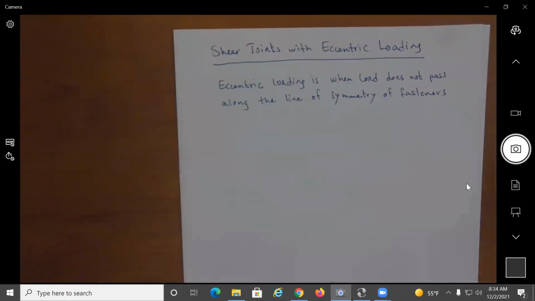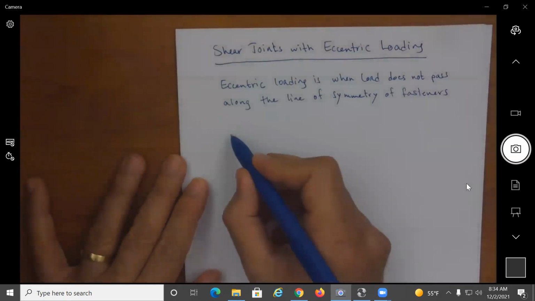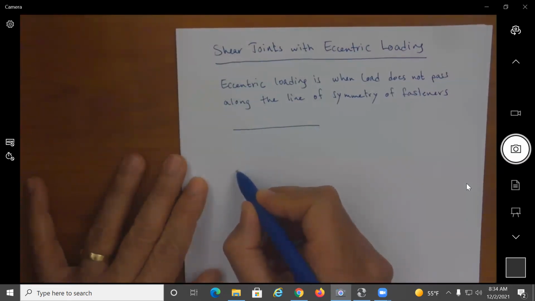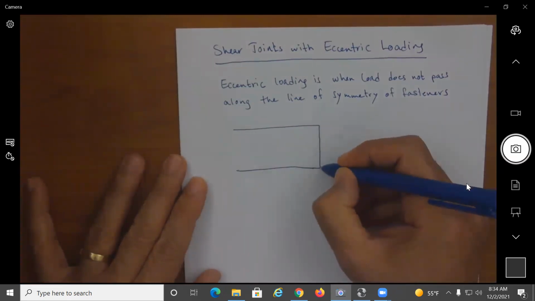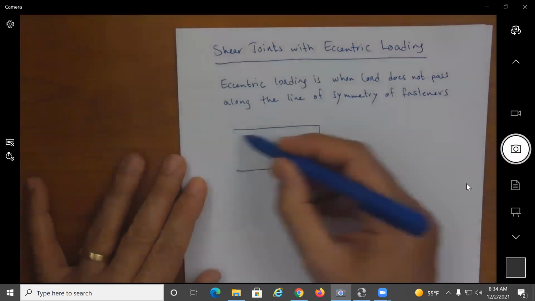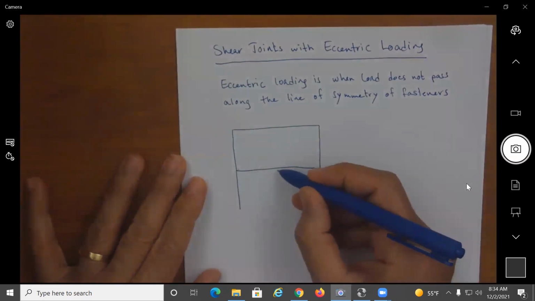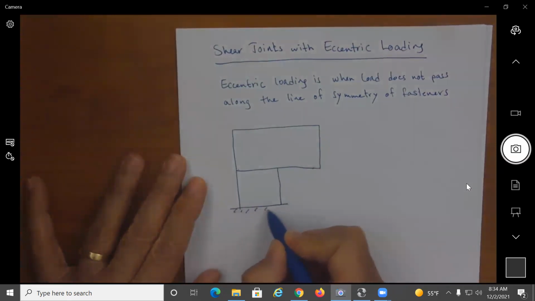So what does that mean? I could be looking at a connection where I have this horizontal member attached to some vertical member like this that is fixed.